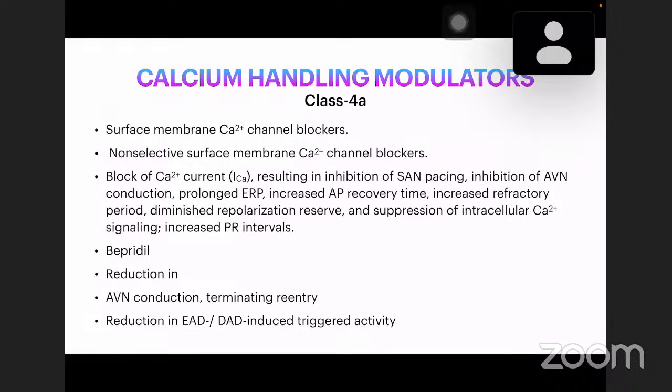These decrease the inflow of calcium, thereby resulting in inhibition of sinoatrial node pacing, inhibition of AVN conduction, increasing the ERP, increasing the action potential recovery time, increasing the refractory period, diminishing the repolarization reserve, and suppression of intracellular calcium signaling, and thus increasing the PR intervals. The main drug is bepridil. In this, there will be reduction in AV conduction, terminating the re-entry, and also reduction in the early afterdepolarization and delayed afterdepolarization triggered activity.